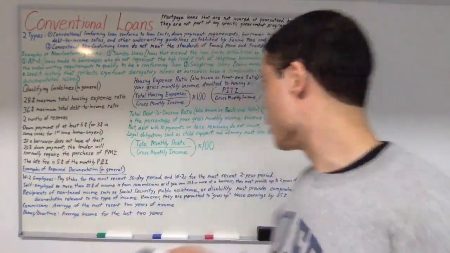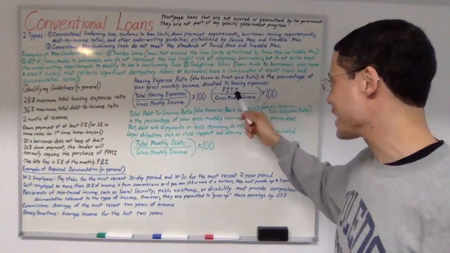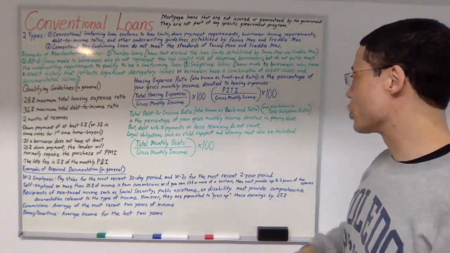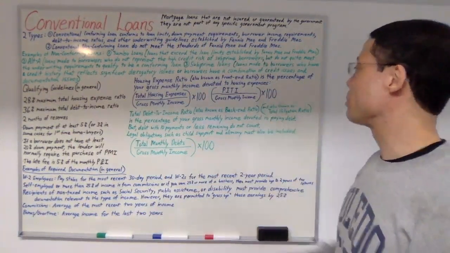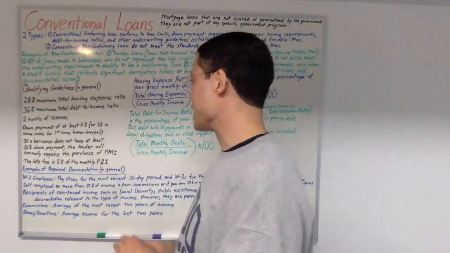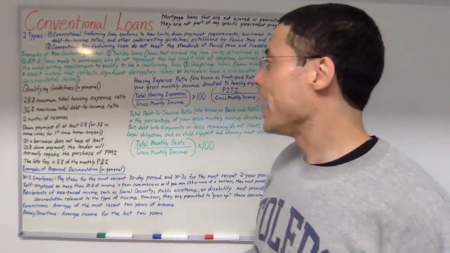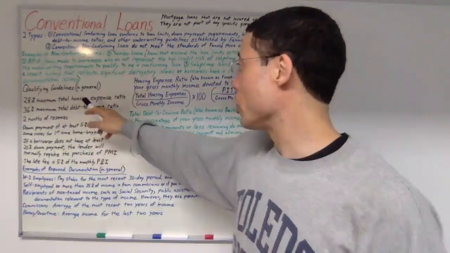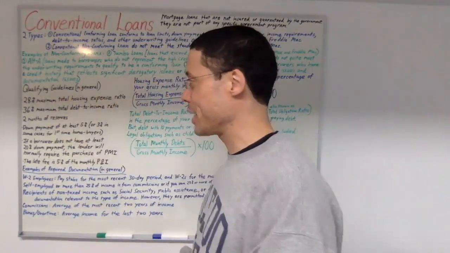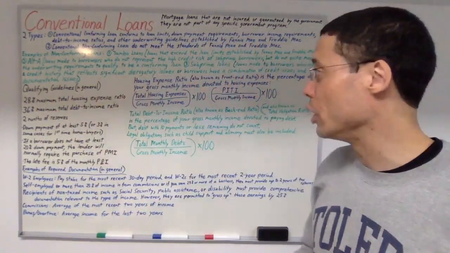So if you take your principal, interest, taxes, and insurance, add that all up, divide by the gross monthly income, and multiply by 100, that gives you the total housing expense ratio. In general, that ratio cannot be more than 28% regarding a conventional loan.